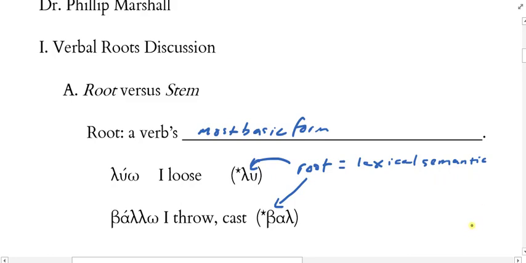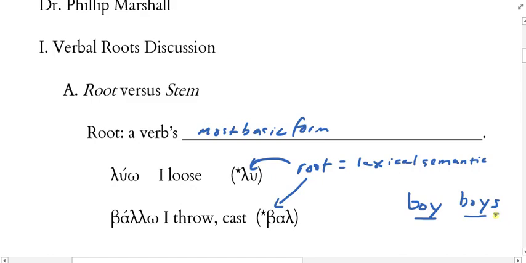To just give you an example using an English noun. I have the word boy, and then I have the word boys. The boy part is lexical. That has the concept of male, sort of underage human being, right?